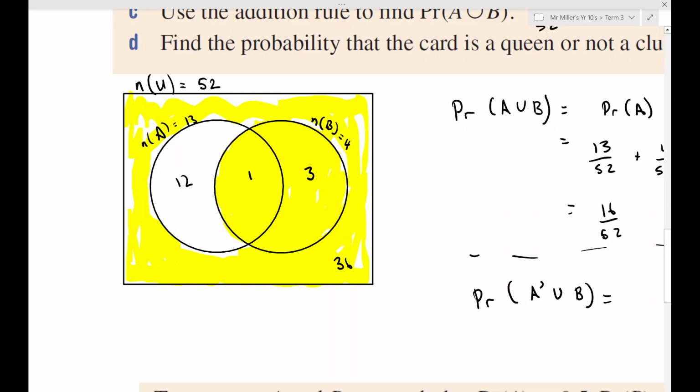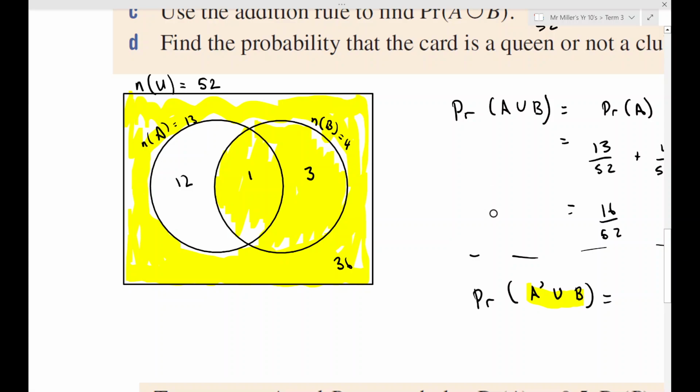This is actually part of A. But because we're looking at the union of not A and B here, we include this intersection because it's still B. So it's not A or it's B. I hope that makes sense anyways.